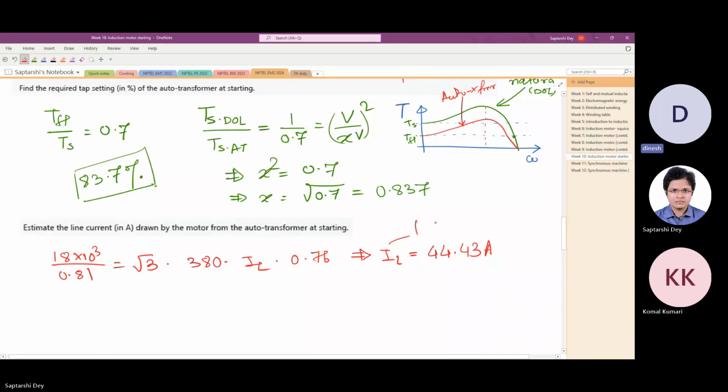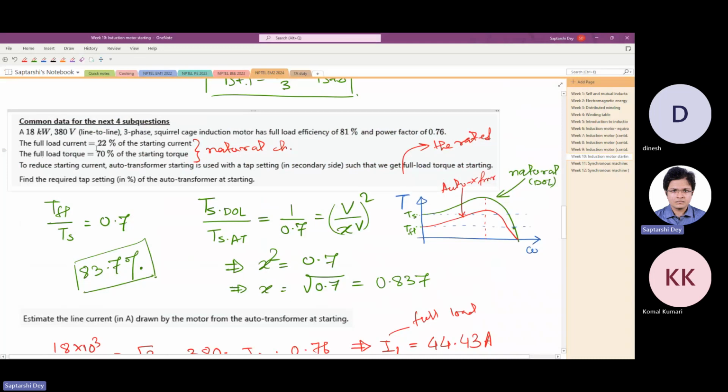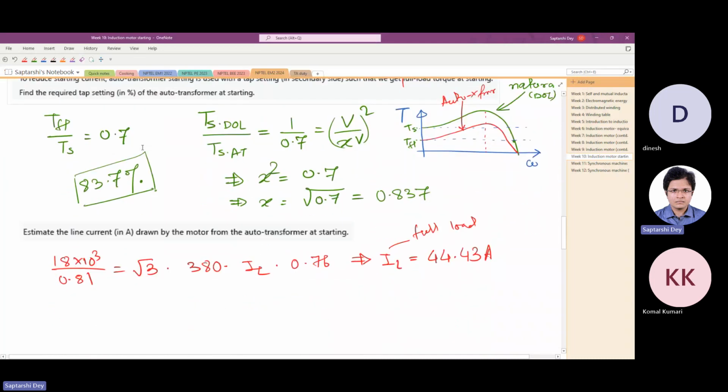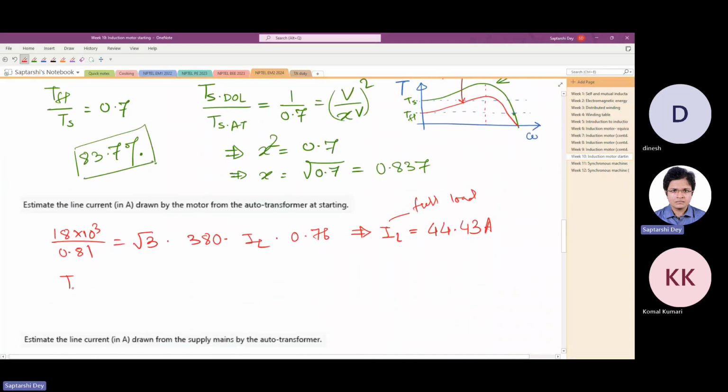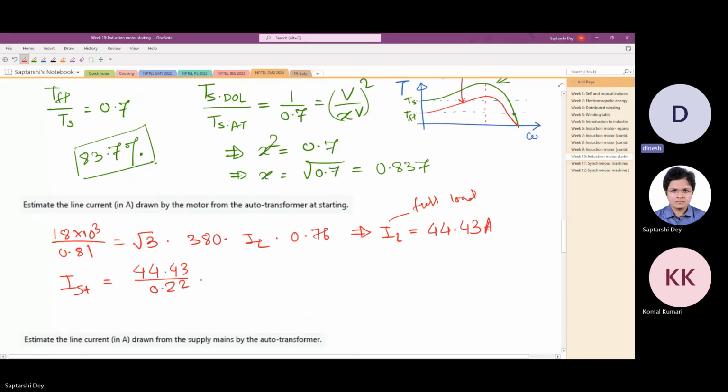So we can get the starting current from dividing by this. Full load line current is 22% of the starting current. So 44.443 divided by 0.22. More or less 4 times, you can say.